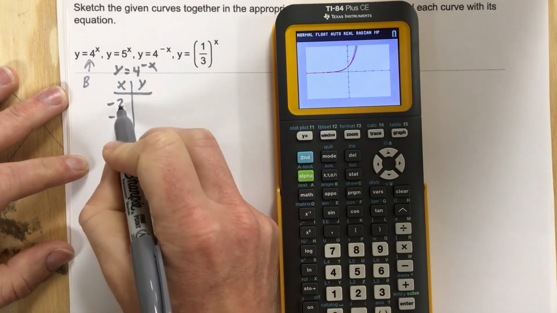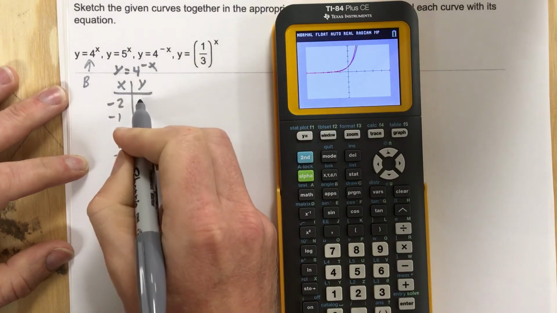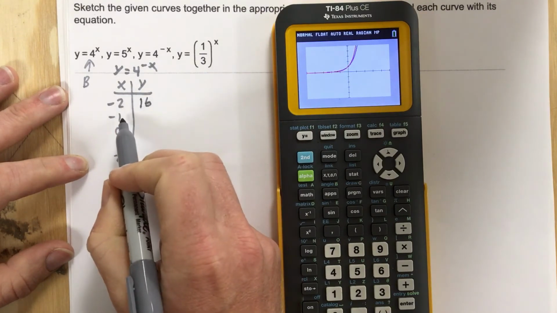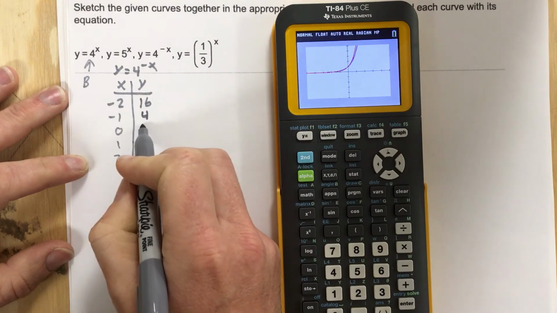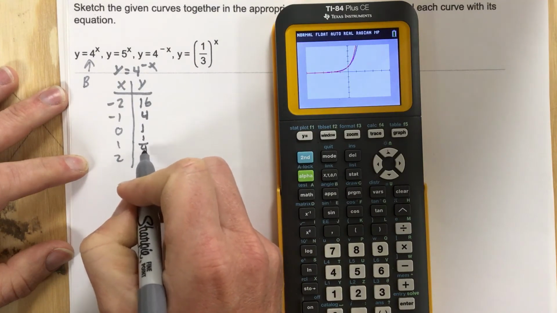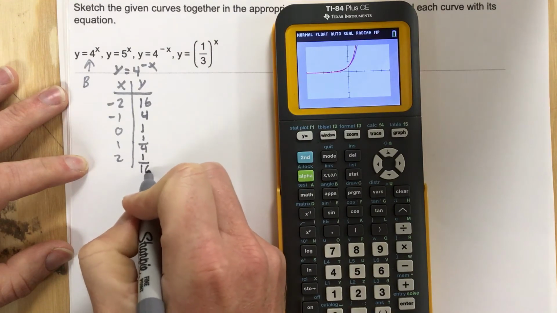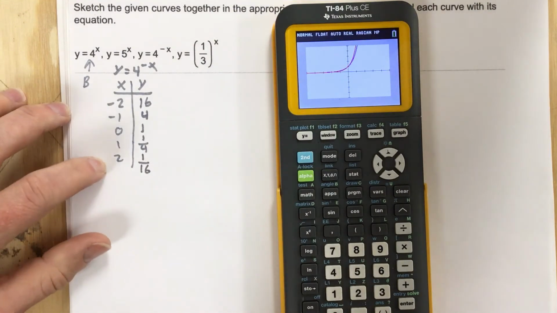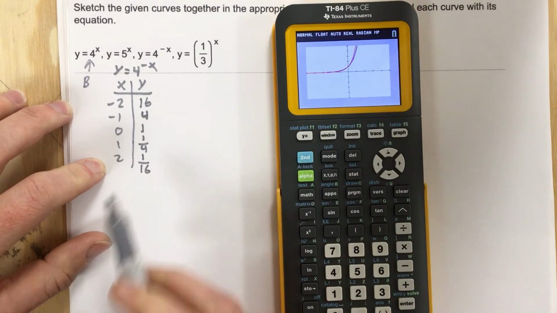When you plug in negative 2, you'll get negative negative 2, which is just positive 2, so you end up with 4 squared, which is 16. Plug in negative 1, you end up with 4 to the first, which is 4. 0, you get 1. 1, you're going to get 1/4. And 2, you're going to get 1/16, right? Because 4 to the negative 2. So as you can see, as the x values increase, we're getting closer and closer to 0.